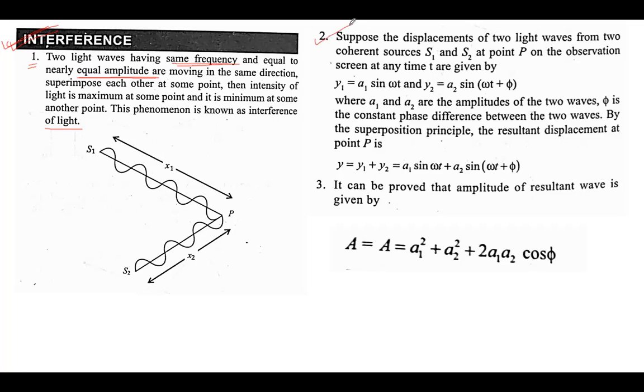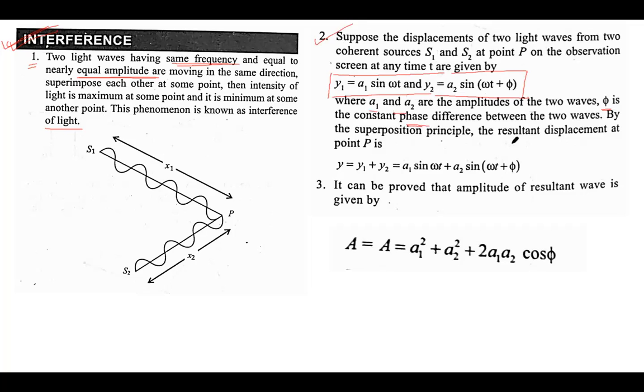Now, suppose the displacement of two light waves from two coherent sources S1 and S2 at point P on the observation screen at any time t is given by, so y1 is equal to a1 sin omega t and y2 is equal to a2 sin(omega t plus phi), where a1 and a2 are amplitudes of the two waves. Phi is the constant phase difference between the two waves.